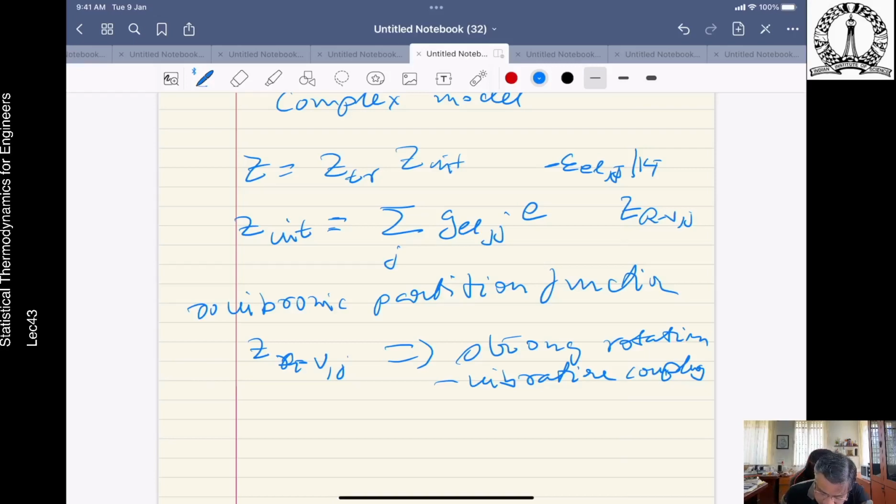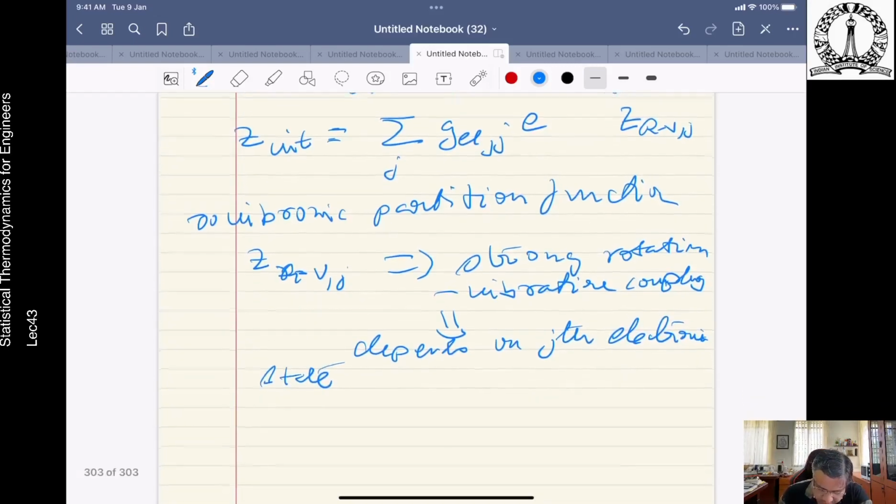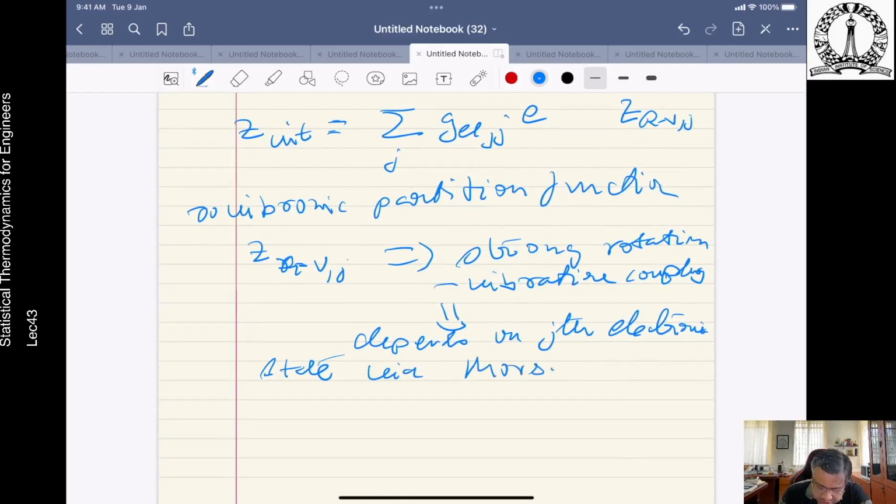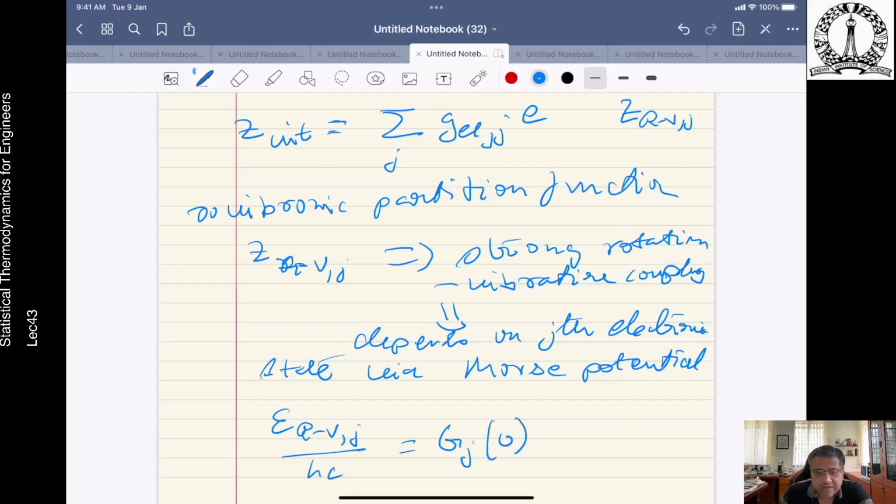So it depends on the jth electronic level, electronic state, via the Morse potential, which affects both the rotational and the vibrational modes. In other words, the Ro-vibronic energy, E_RV,j by hc, would depend on which electronic state you are in, and the electronic state is important, therefore this is j.